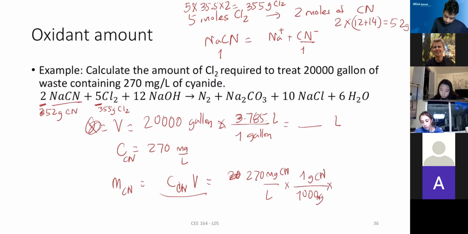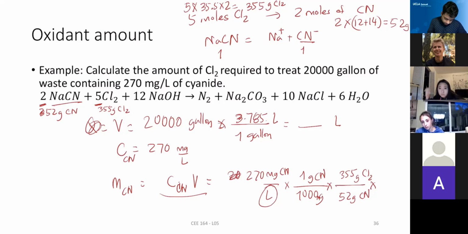Then you know that 52 grams of cyanide is equivalent to 355 grams of chlorine. Okay, so cyanide cancels, and because this is per 1 liter, this is the amount of chlorine needed for 1 liter of groundwater.